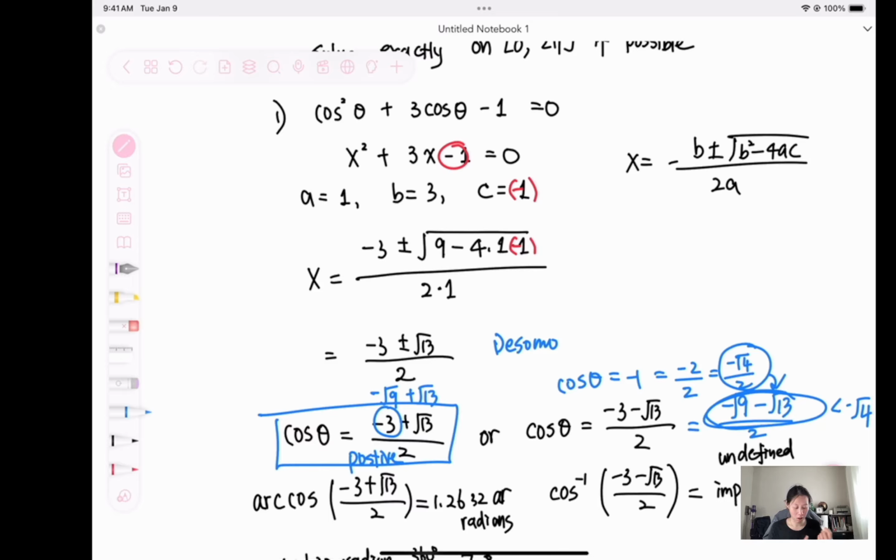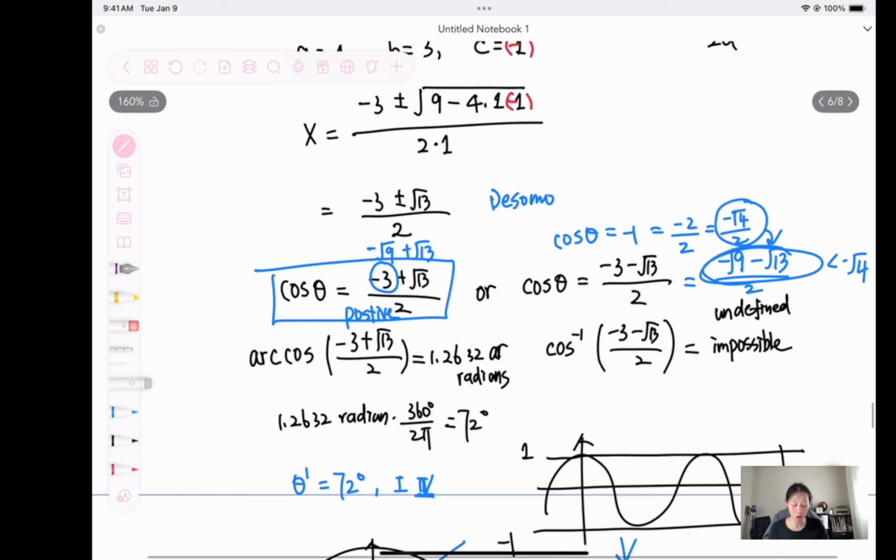The quadratic function gives me two answers, and then I found out that one of these answers is undefined on the cosine. Why is that? Because it's below -1, which is already outside the range of cosine theta. So that means we only have this solution.